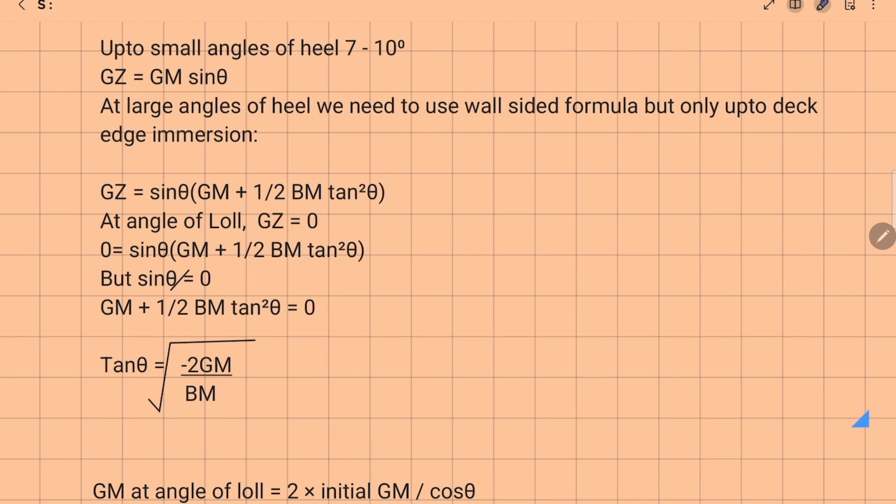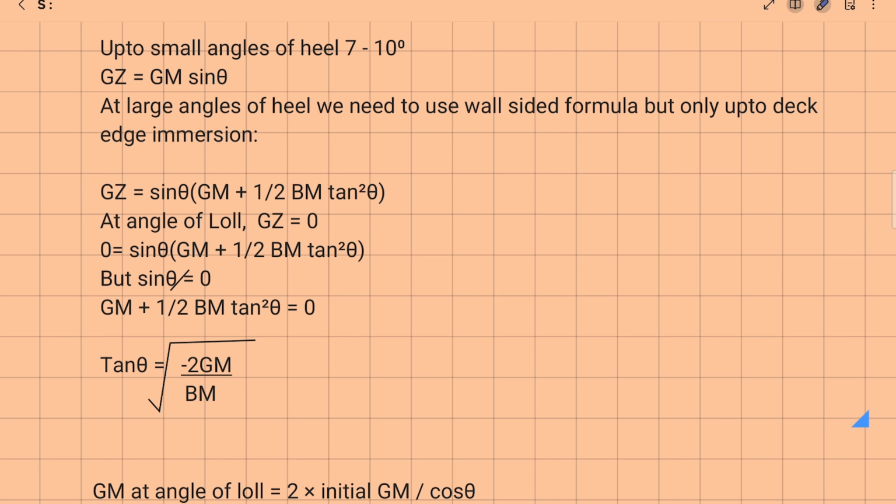To calculate GZ, we have a formula called GM sin theta, which is only applicable up to small angles of heel. Depending upon ship to ship, the small angle may be 5 degrees or 7 or up to a maximum of 10 degrees. But at larger angles of heel, we can use the wall-sided formula, which assumes the vessel sides are parallel.